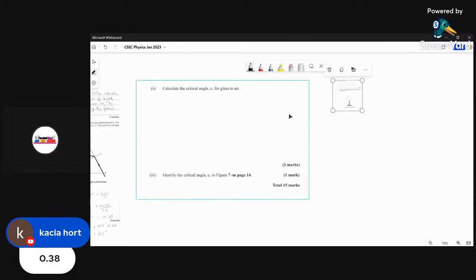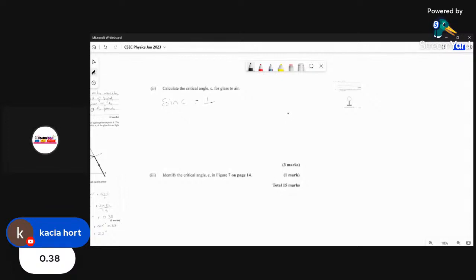So the formula that relates to critical angle is sine C is equal to 1 divided by n. And notice they put here critical angle, comma C. That means the symbol for critical angle is C, which you would have known already.